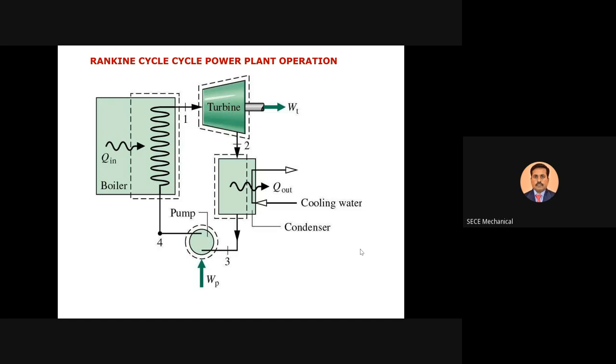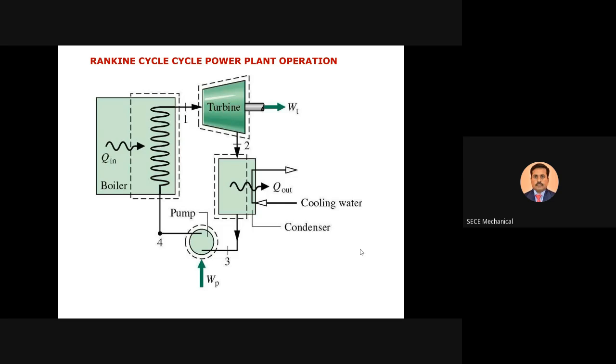That steam goes to the turbine and the turbine starts rotating and power will be generated. Then waste heat goes to the condenser with the help of cooling water. That hot vapor is converted into liquid state.